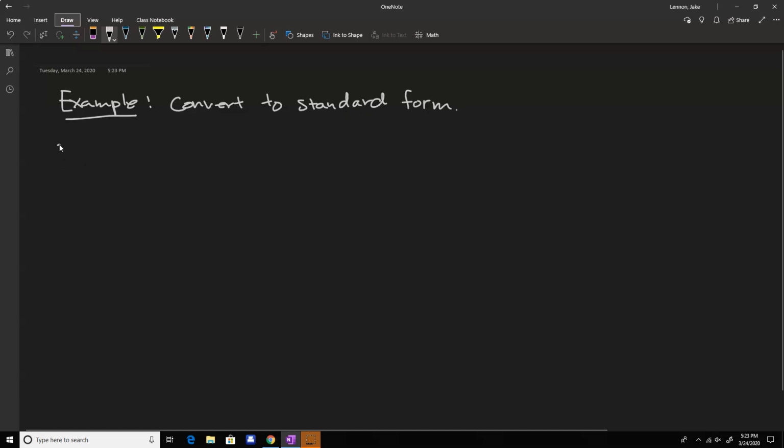Let's say we're given the continuous form y equals 700 times e to the 1.3 t.